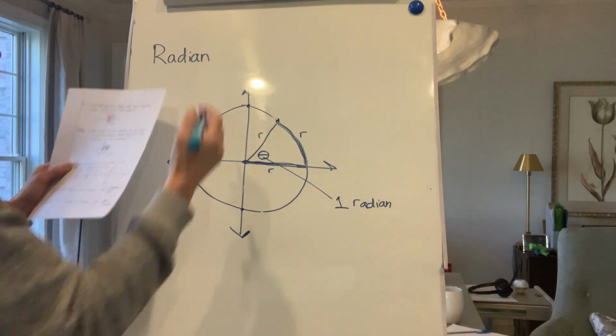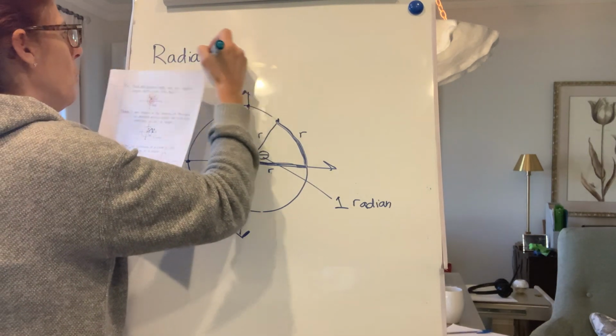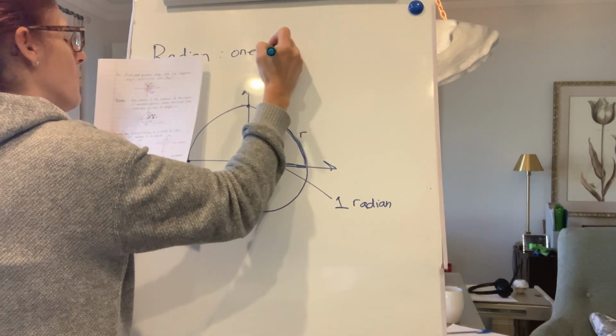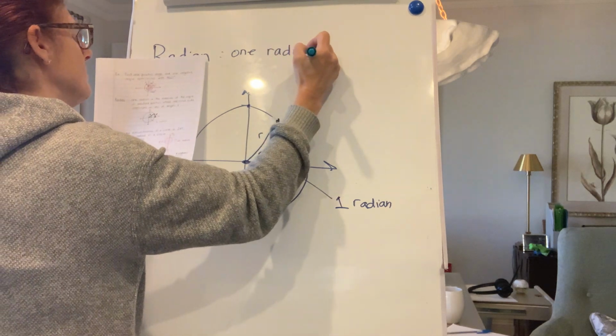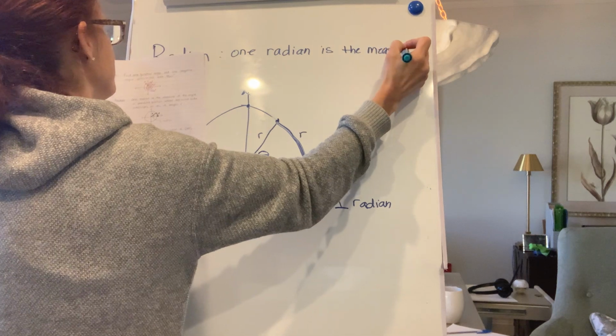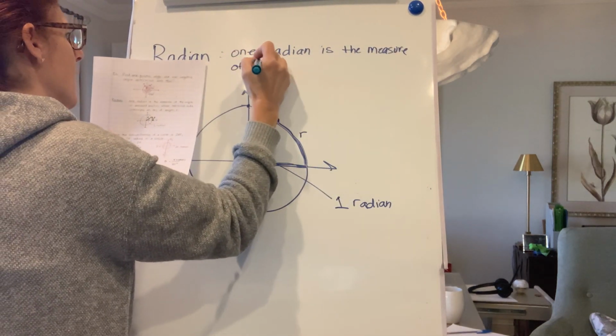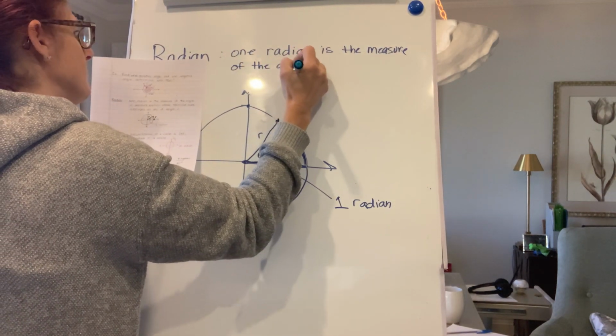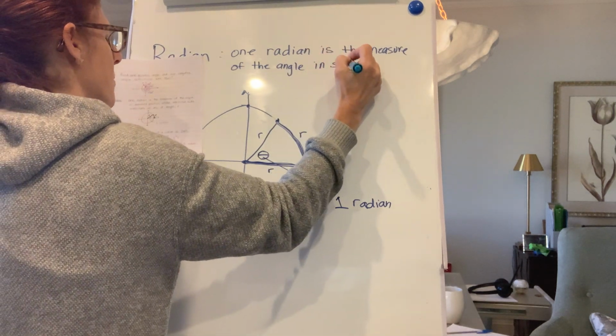All right, so the definition of a radian is 1 radian is the measure of the angle in standard position.